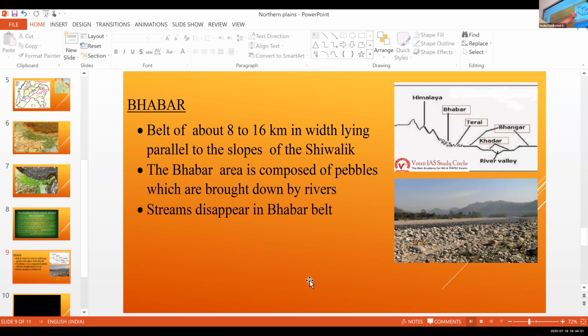That's why the word Babar belt is used. It is composed of pebbles which are brought by the rivers. Rivers flowing down from the slopes of mountains carry all the pebbles and stones and deposit them in these areas. Streams disappear in Babar belt means rivers are there, but we cannot see the flowing river because of the pebbles and stones.